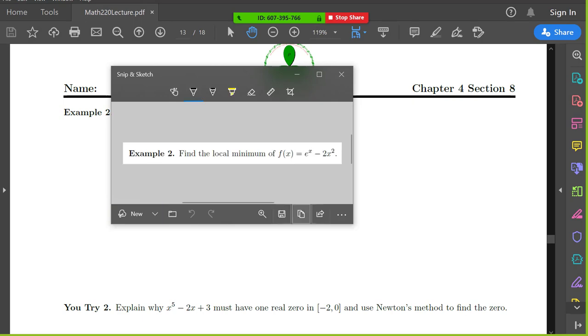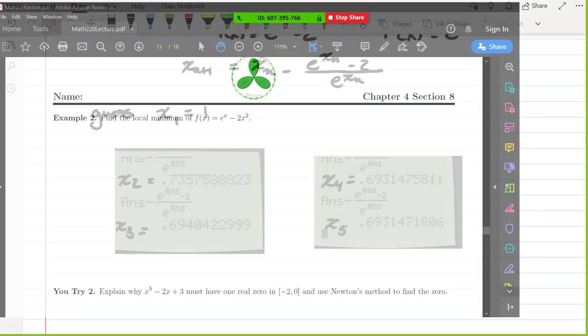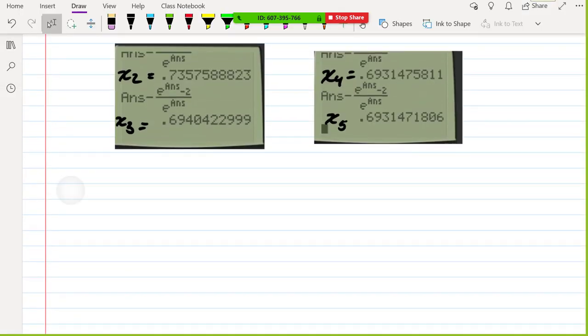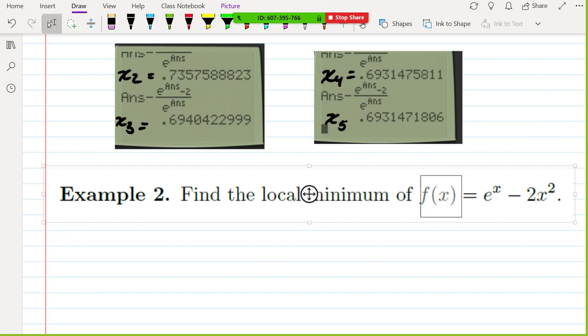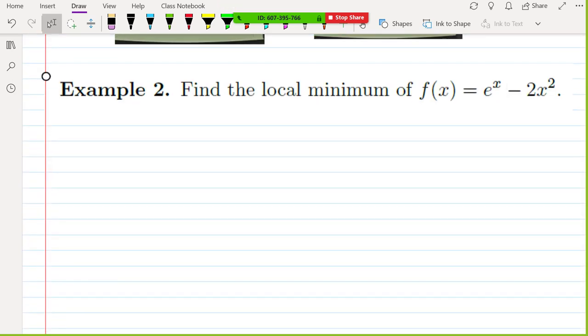To find local minimums and local maximums, we need to find critical numbers. So we need to find the critical numbers of f.